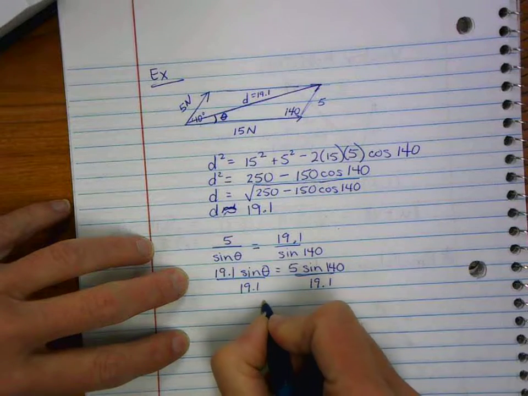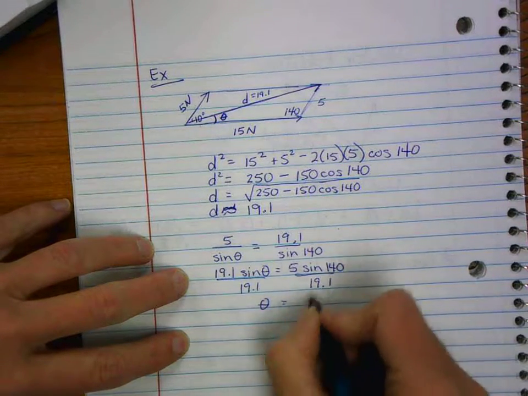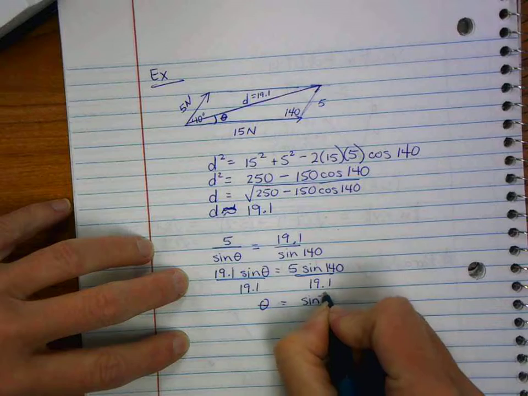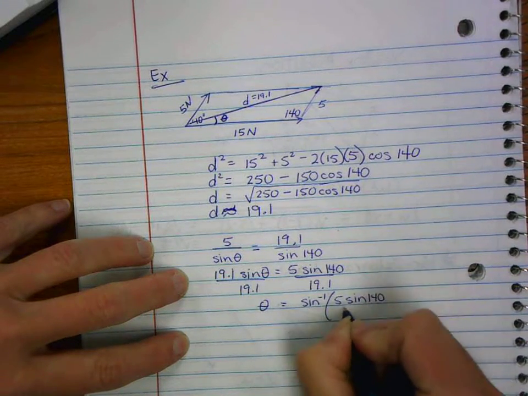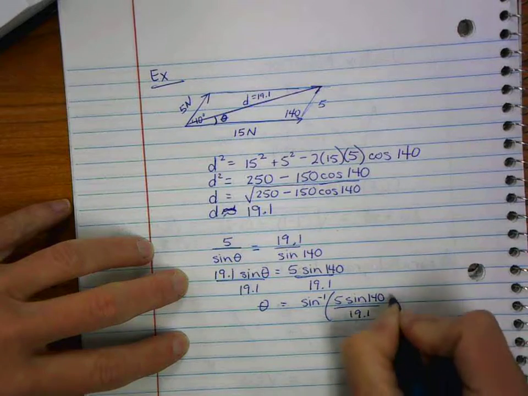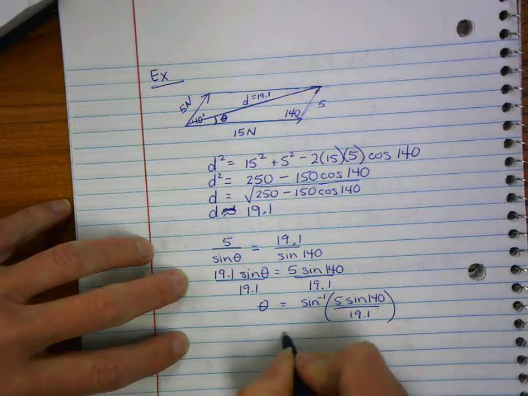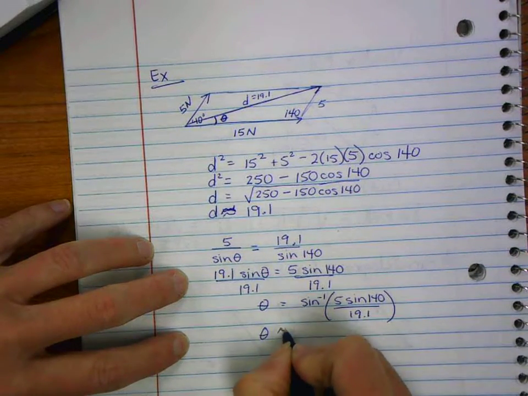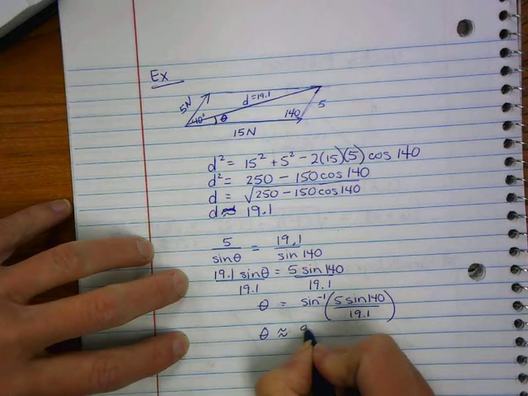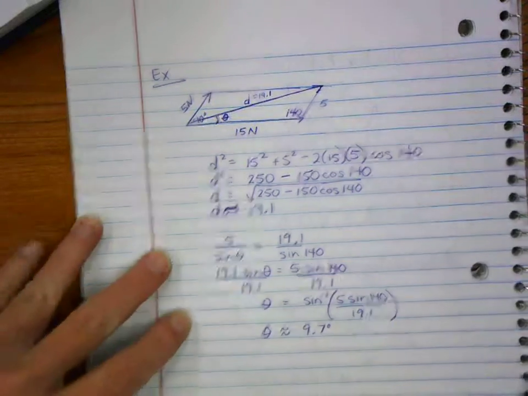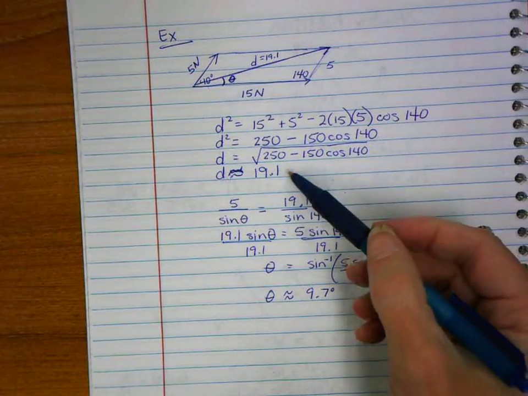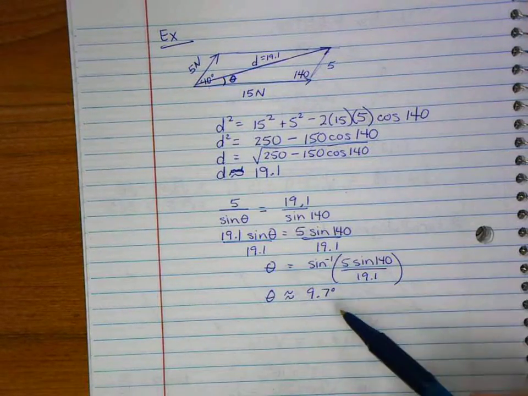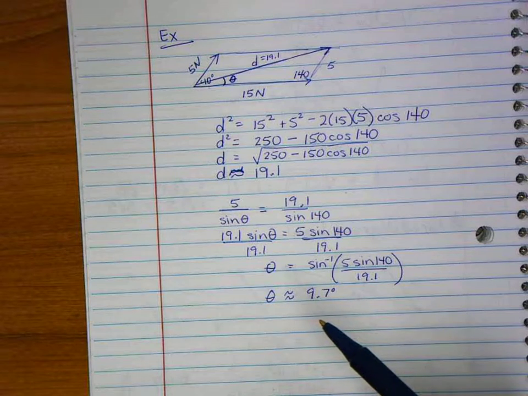And then I take the inverse sine of all of this. And my theta is approximately, when I put it on my calculator, 9.7 degrees. So I have the magnitude of my vector and I have its direction.